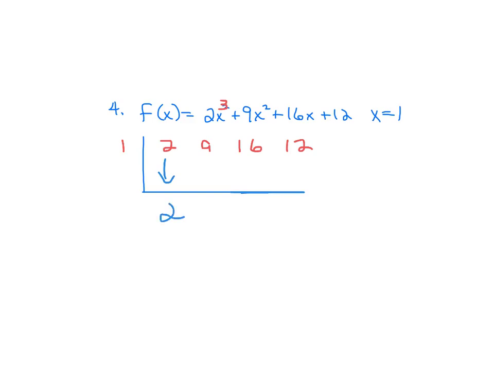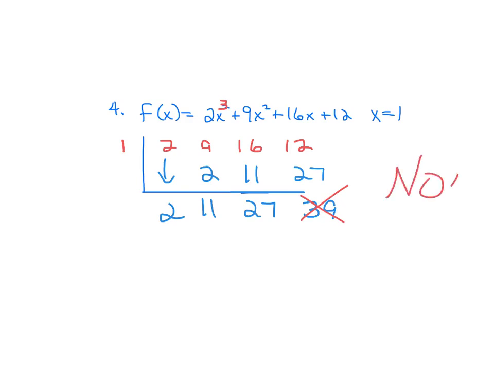So 2, I bring it down, multiply, add, multiply, add, multiply, and add. Notice I did not get a remainder of 0, so no, this is not an x-intercept.